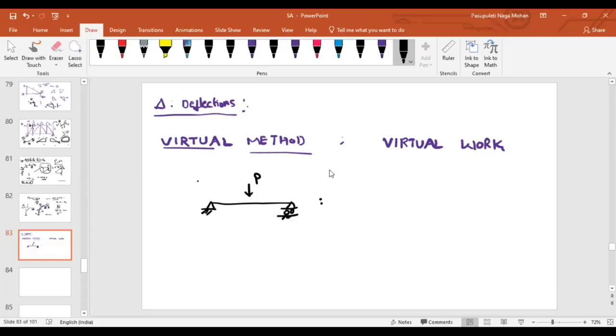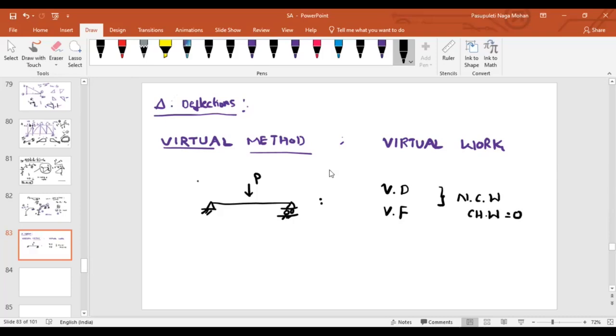If any object is in equilibrium, this is the logic: either you apply virtual displacement or you apply virtual forces, you don't get any net change in work done. Or you can say the change in work done will be equal to 0.